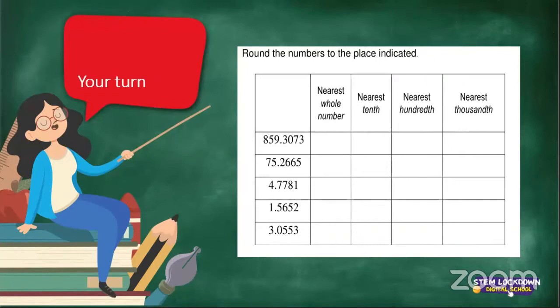And what is the nearest 10th? 1.6, correct. The nearest 100. 1.57, correct.